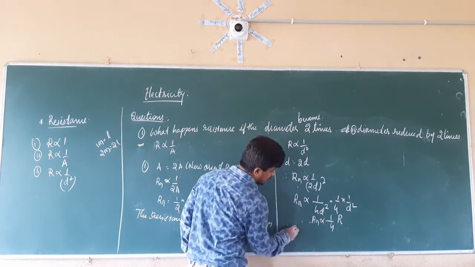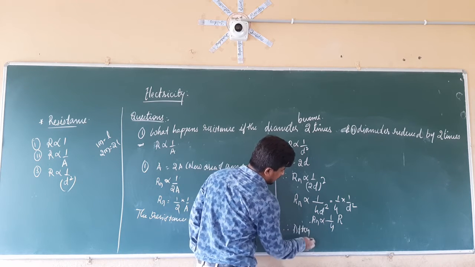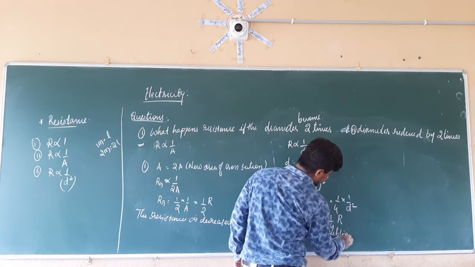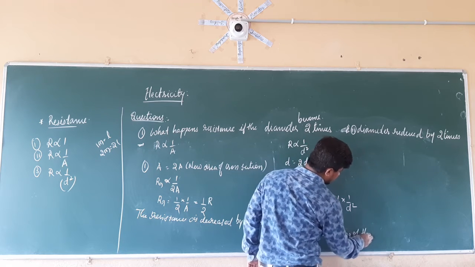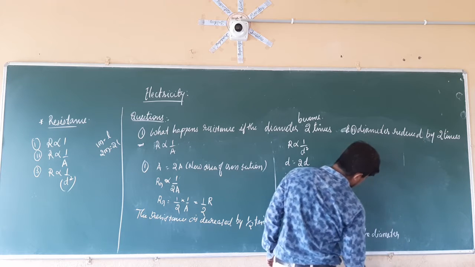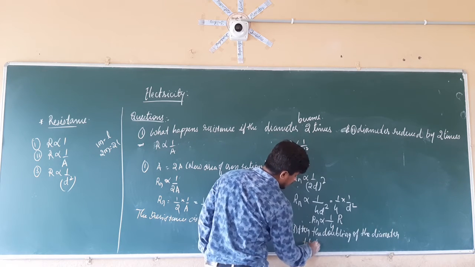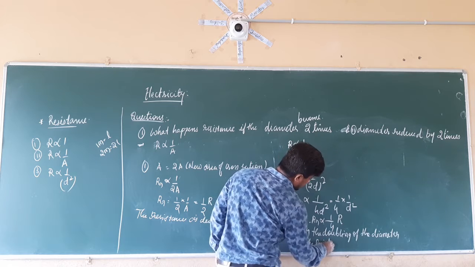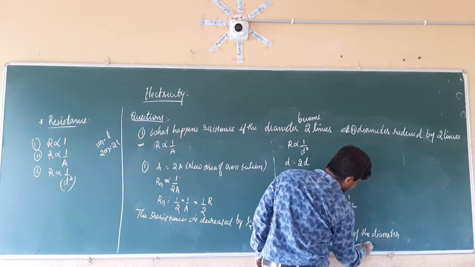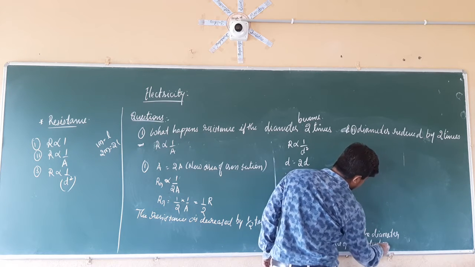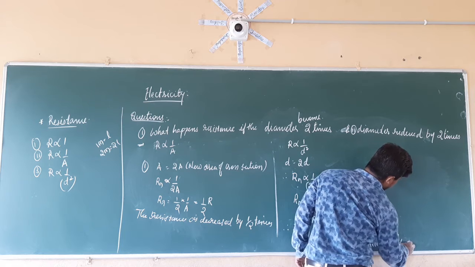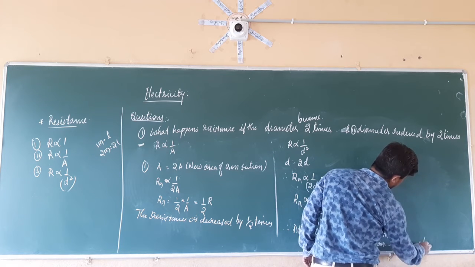So therefore, after the doubling of the diameter, the resistance of the conductor is decreased by 4 times.